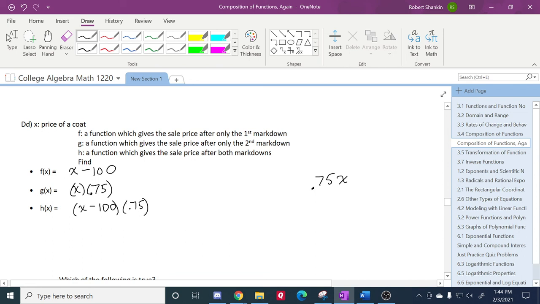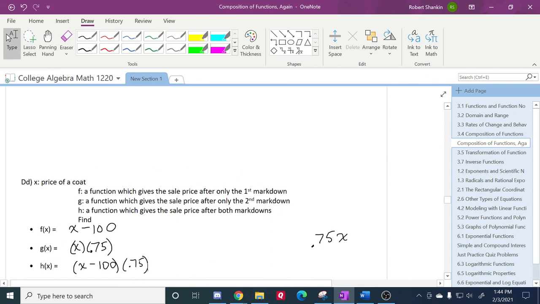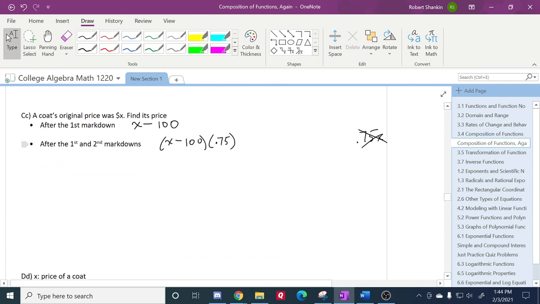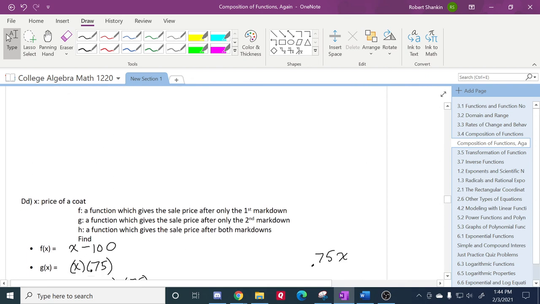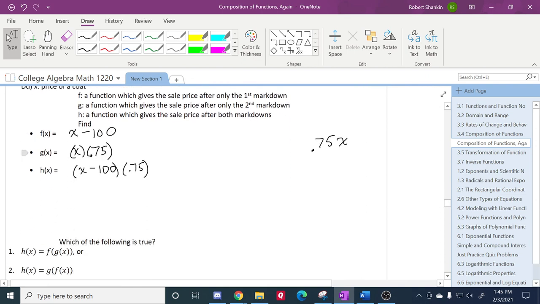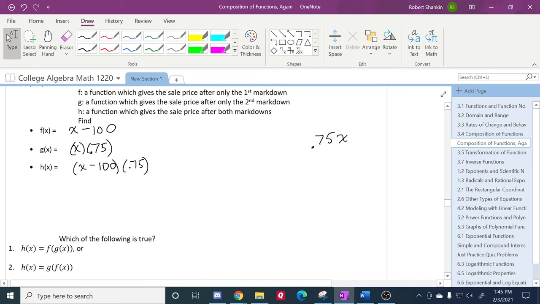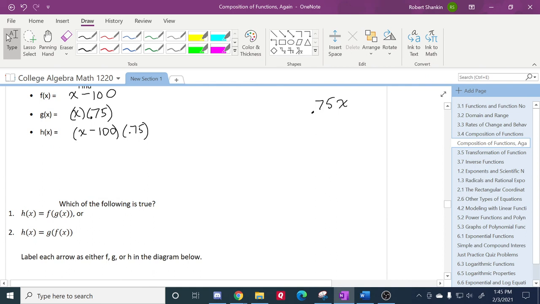All right. And then notice these answers are consistent with what we were getting up here. But we had one new one, this individual one, which was just taking 75% of the previous price, which is 25% off. All right. Now, which of the following is true? One of these two statements is true. That h of x is equal to f of g of x, or h of x is g of f of x.